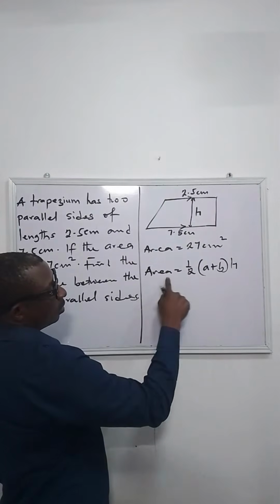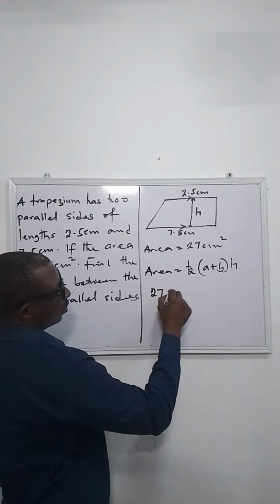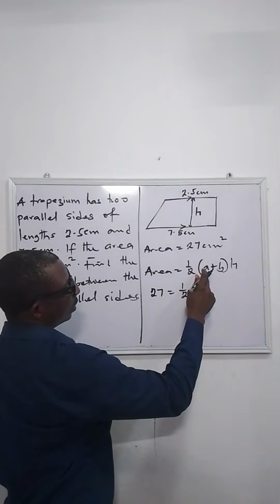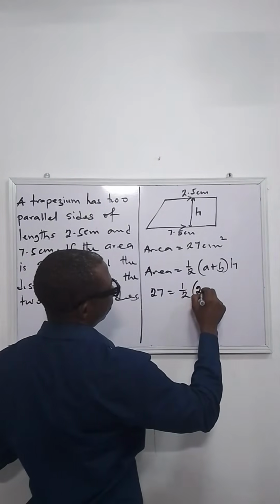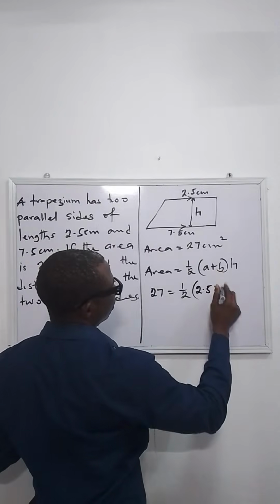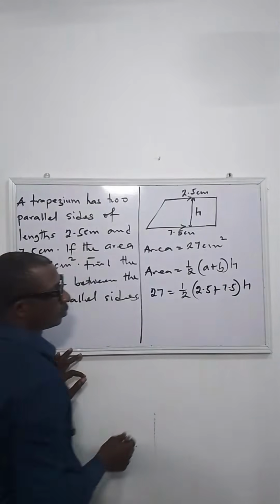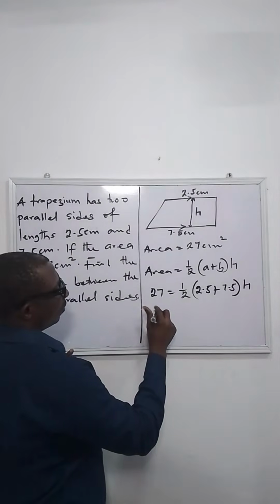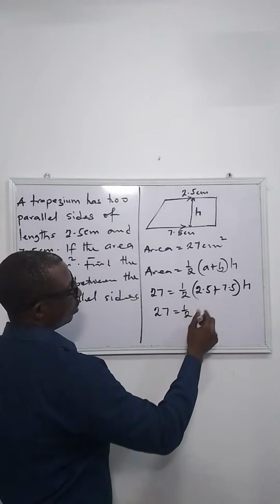Now we are given the area to be 27. So we have 27 equals to 1 over 2. Now A is what? 2.5 plus 7.5 times H. So here we have 27 equals to 1 over 2. When you add this together, you have 10.